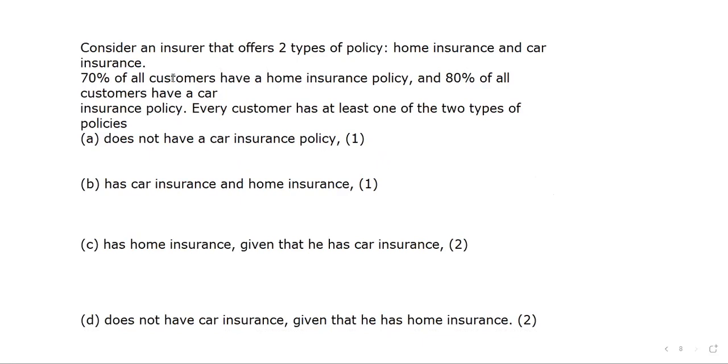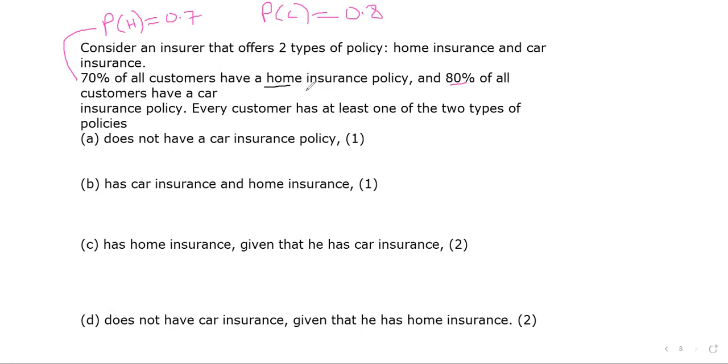So 70% have a home insurance, so you can start tabulating the information. So we can say H to be probability of H. So 70% have what? Home insurance. So probability of H is 0.7. We put it there systematically. And we are also told 80% have a car insurance. So probability of car is 80%, so 0.8.